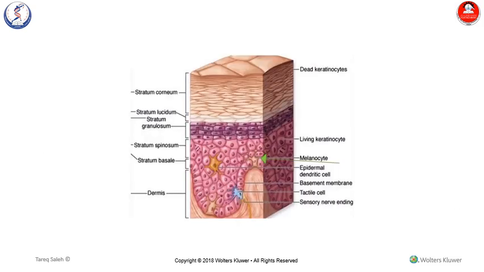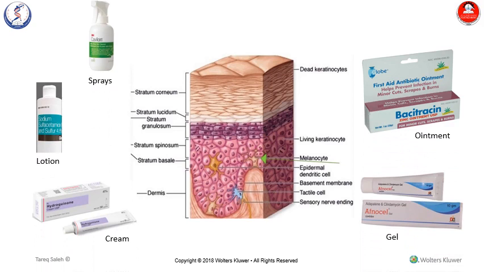As we mentioned previously, several drugs can be administered topically, and these come in several preparations, including sprays, powders, lotions, creams, ointments, and gels. I'm going to leave it to you to try to figure out the differences between these different preparations.